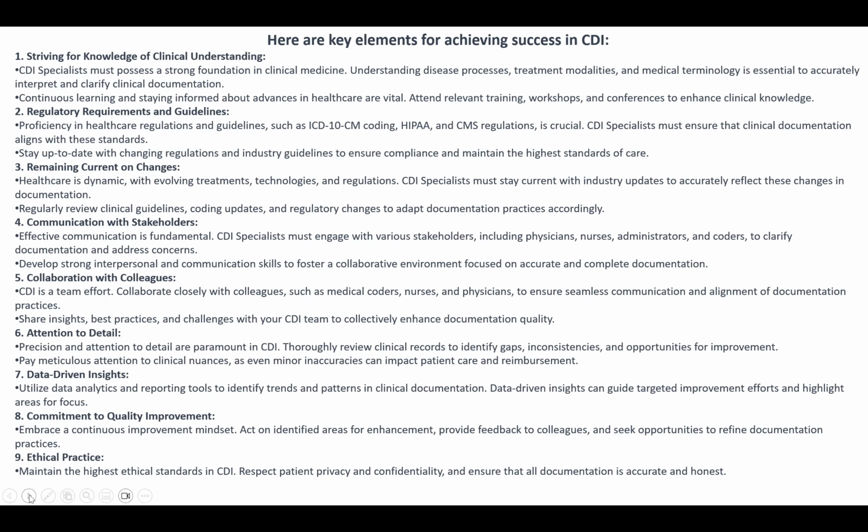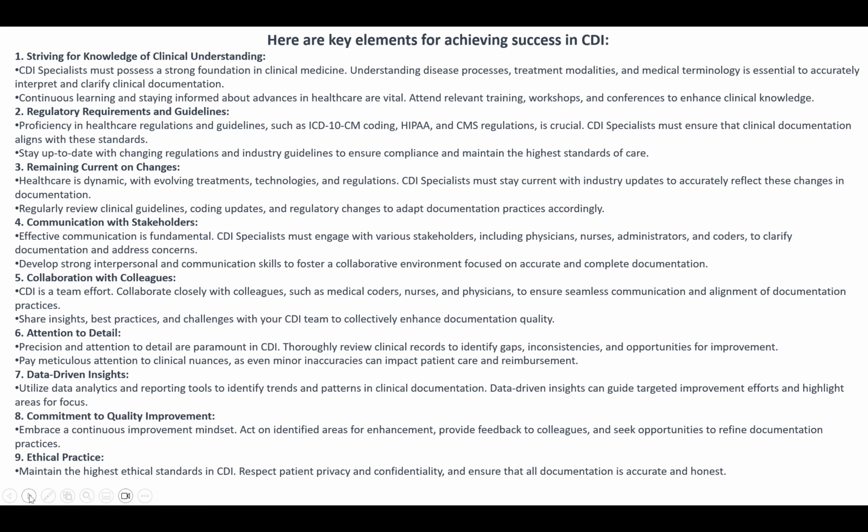CDI used to be clinical documentation improvement, and now some have adopted the term clinical documentation integrity, and it's both. To achieve that, we must have communication and collaboration. It's a team effort, okay? Remember, there's no point for a liaison if there's no liaising.